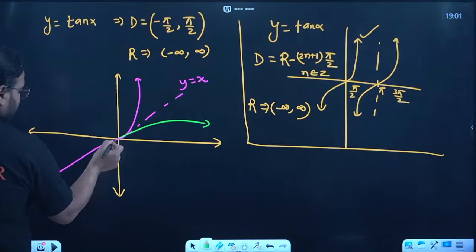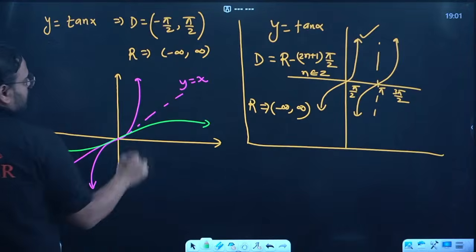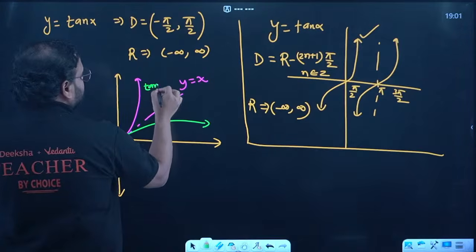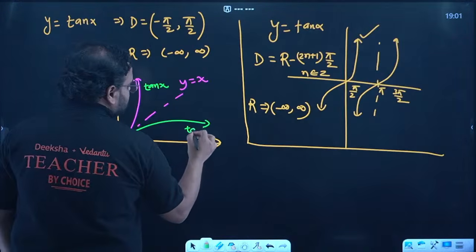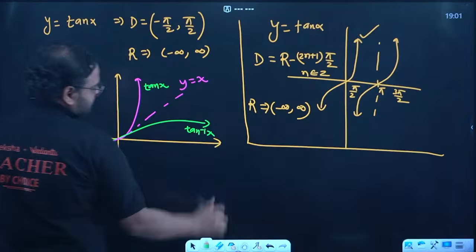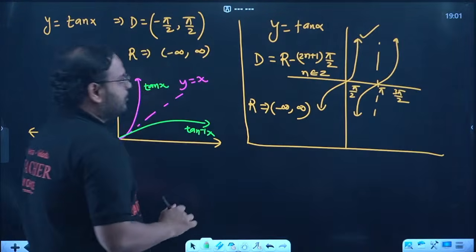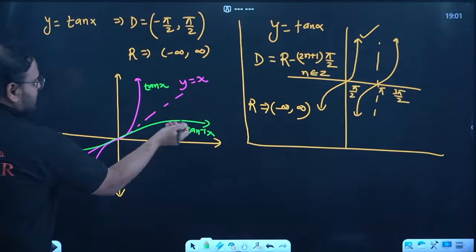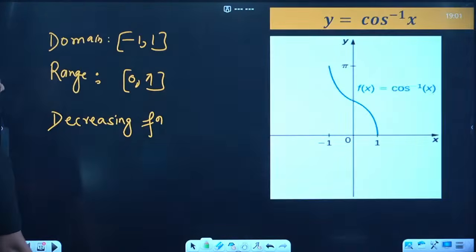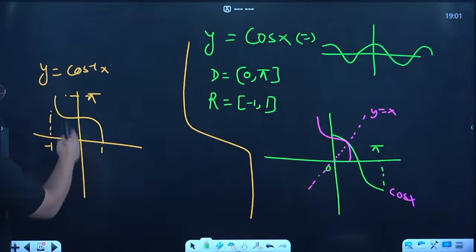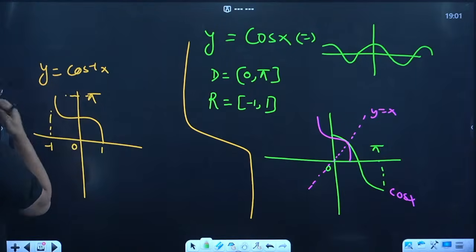This is my function tan x. This is tan inverse of x. If you draw tan inverse of x, you'll have only this part. I gave the boundaries right over here, minus 1 to 1 and 0 to pi, correct.